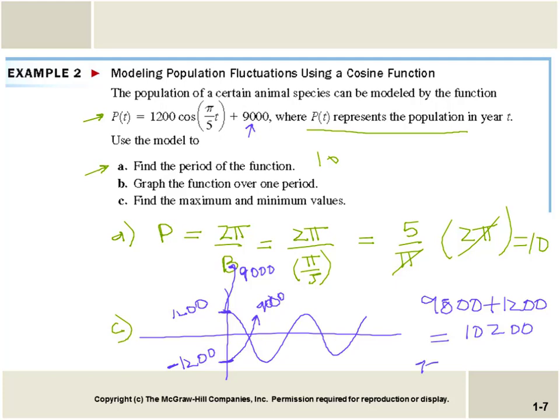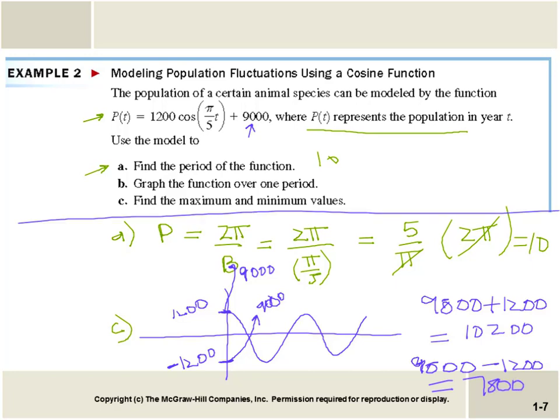So it's 9,000 minus 1,200, which is 7,800. Okay, so that's one way to look at it. Does everybody get that? That's like the visual of it.